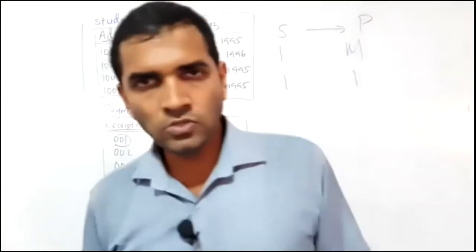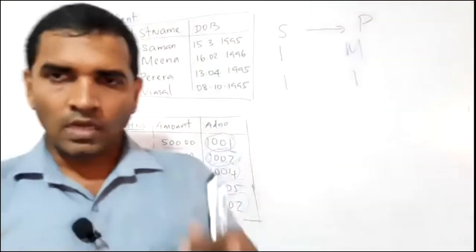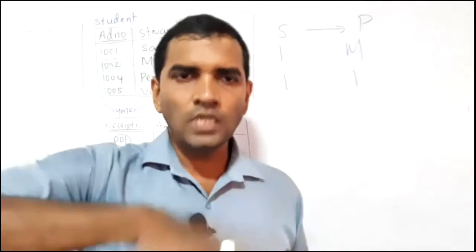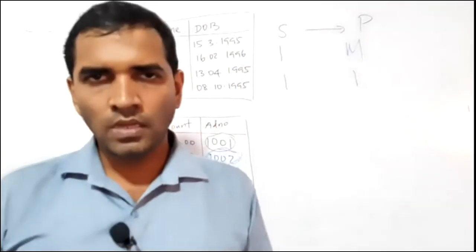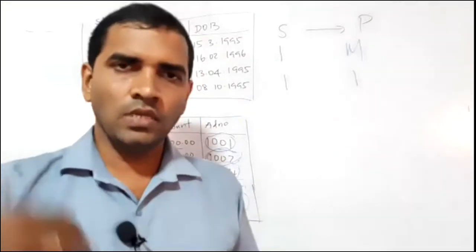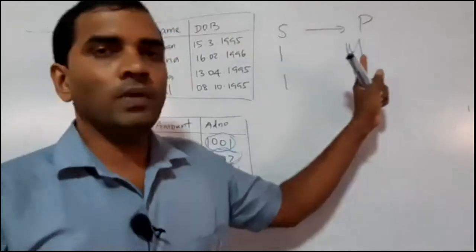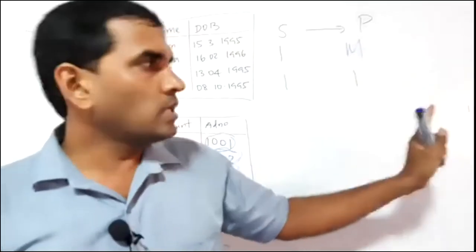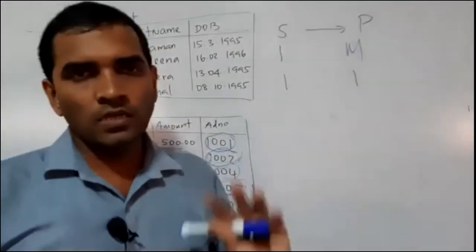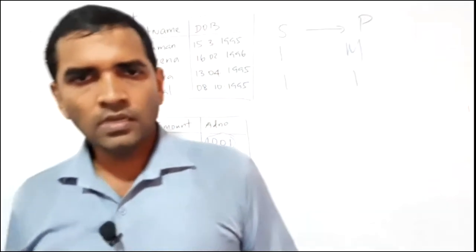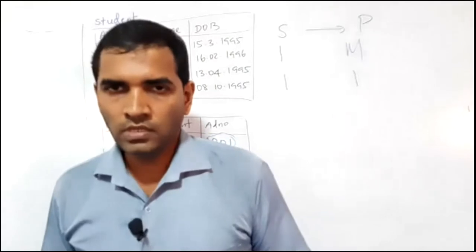This is one-to-many, because as I said earlier, in one direction it must be a one-to-many relationship, and in the opposite direction it must be one-to-one. So here, from student to payment, it is one-to-many, but from payment to student, it is one-to-one. So the conclusion is the relationship is one-to-many.